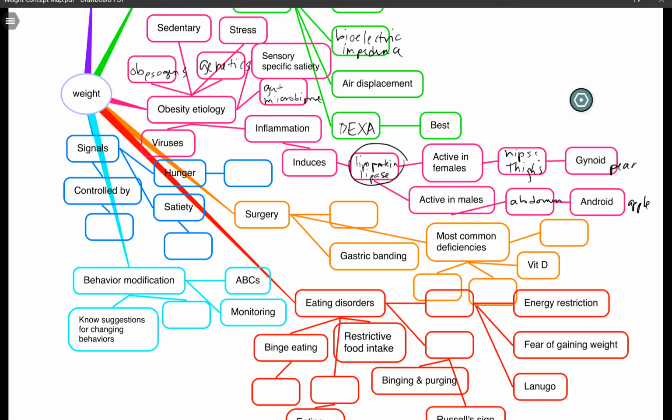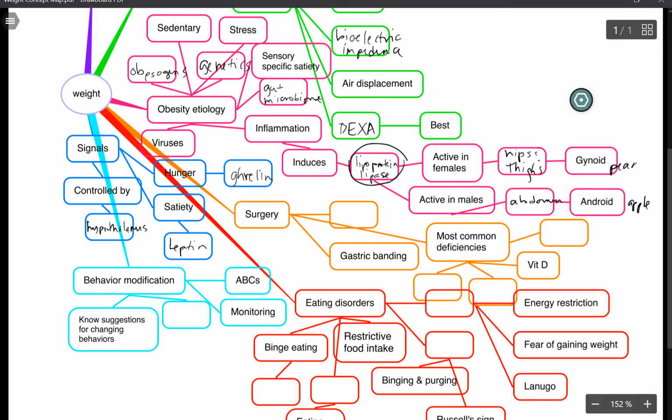Now, some of our signals for controlling overall food intake are going to be controlled by the hypothalamus. Our main hunger signal is going to be ghrelin, and our main satiety signal is going to be leptin. Both are going to signal the hypothalamus to either increase or decrease food intake.